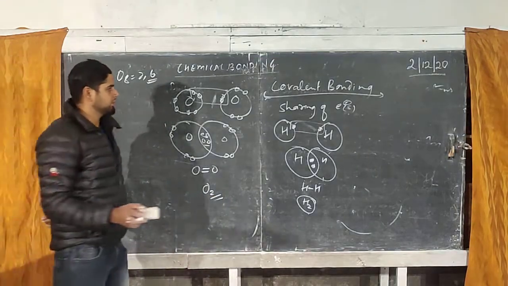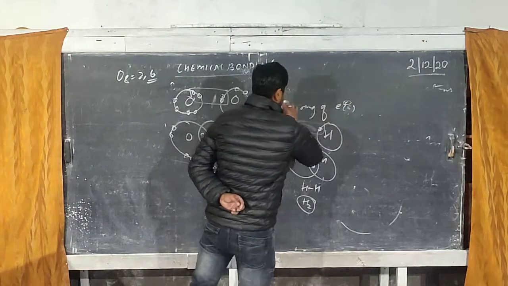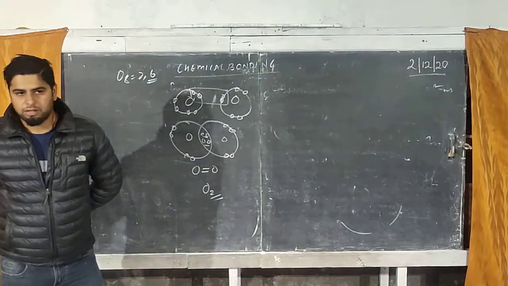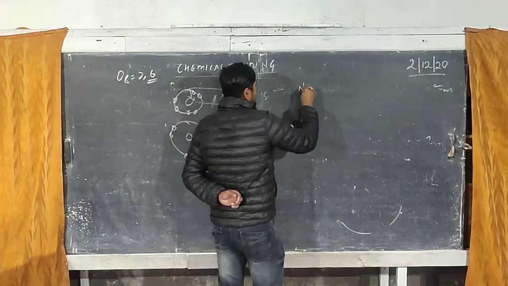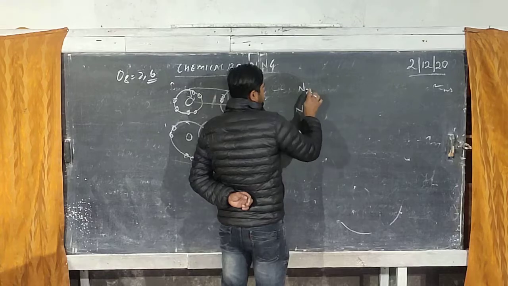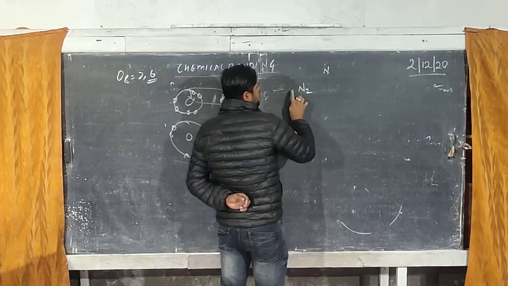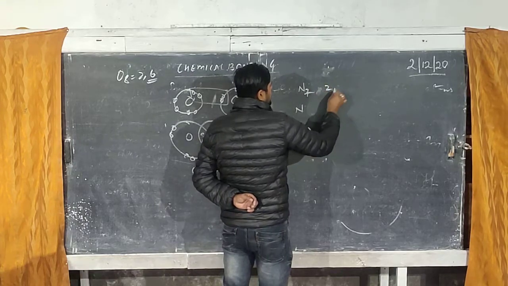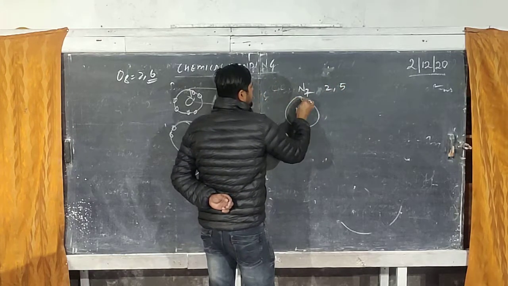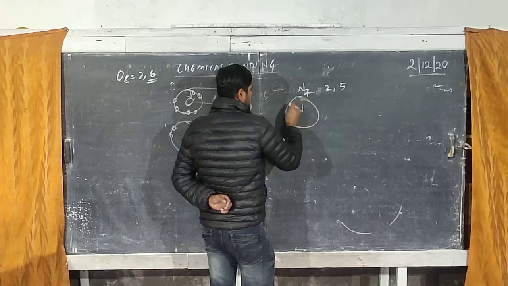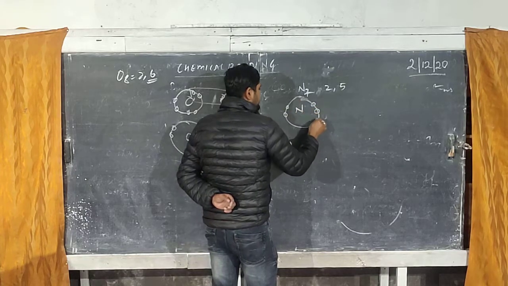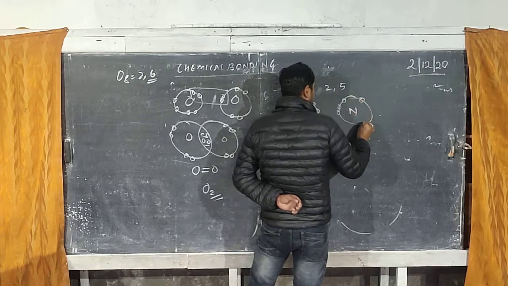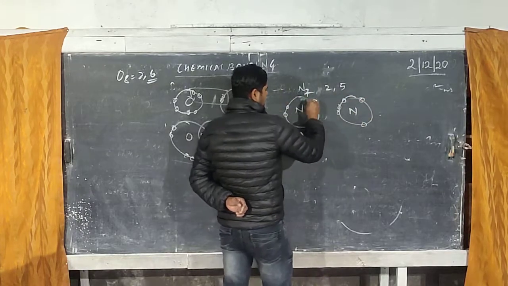Okay. Let us do another example, that is nitrogen gas, N. What is the atomic number of nitrogen? 7. Yes or no? 2, 5. Nitrogen: 1, 2, 3, 4, 5. 3, 3 sharing like this.